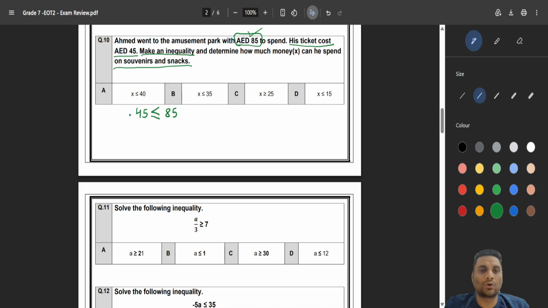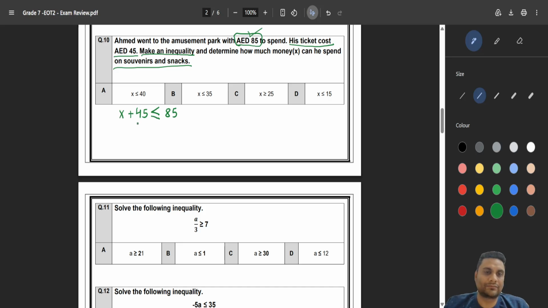If I want to spend more money, that means plus, right? Now I want to spend some money on the souvenir. So let's say S for souvenir. Here we have taken x, so I will also take x. So we spent x dirhams on the souvenir. So this is the total money I spent: 45 on the ticket and x dirhams on the souvenir. This total money that I spent should be less than or equal to 85.